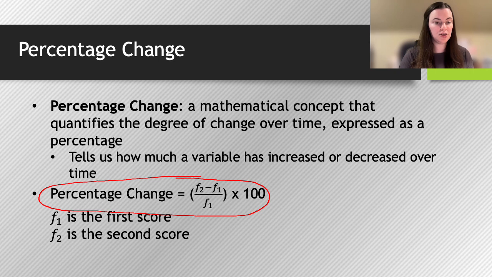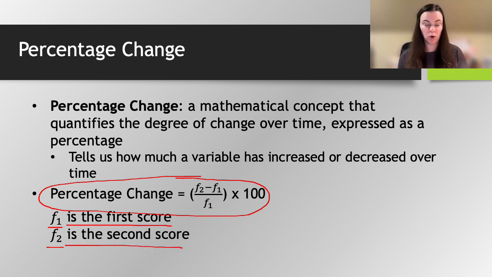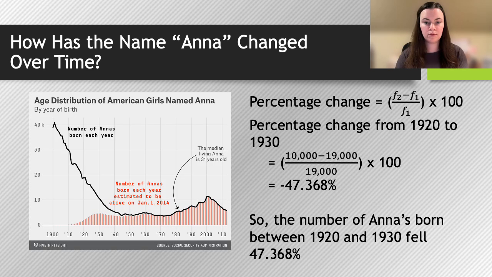Our denominations here of both F1 and F2 are listed, in which frequency 1 is expressed as our first score and frequency 2 is expressed as our second score. So we're still using a lot of the same ideas that we've used from our frequency distributions, calculating proportions and percentages, and even ratios, but just doing it in a format where we can now trace something over time instead.